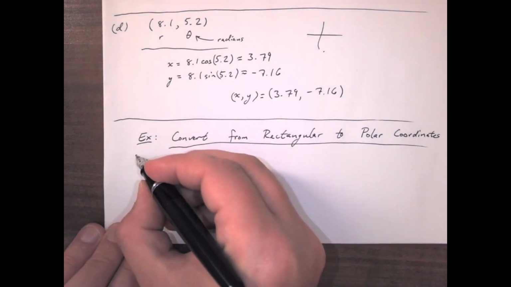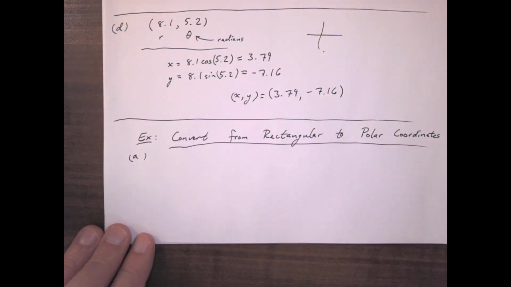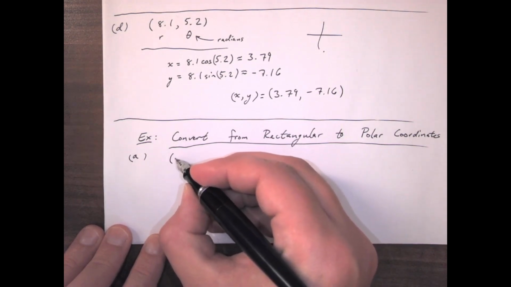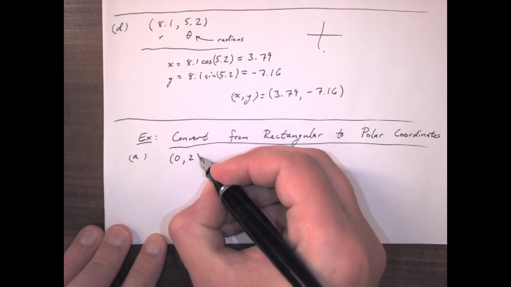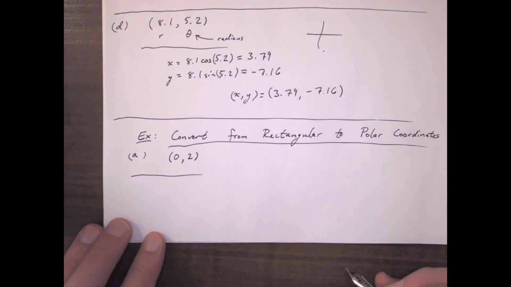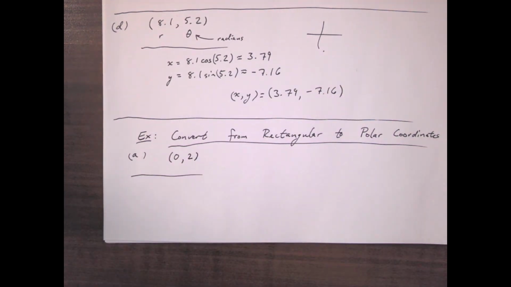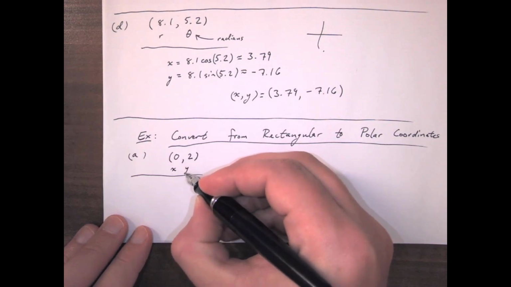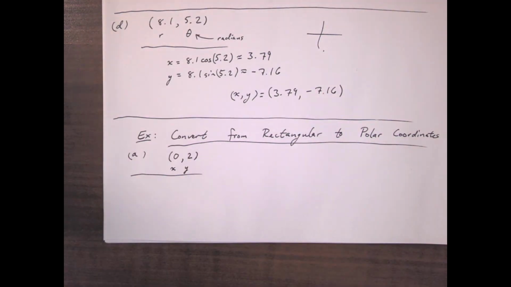Alright, so first item, let's say 0, 2. These are given to us in rectangular coordinates, Cartesian coordinates, meaning that the first coordinate is the x and the second coordinate is the y. These are not r and theta, these are x and y.